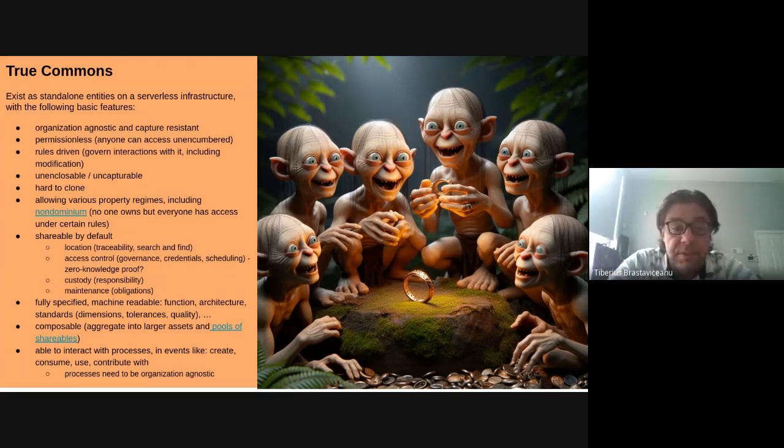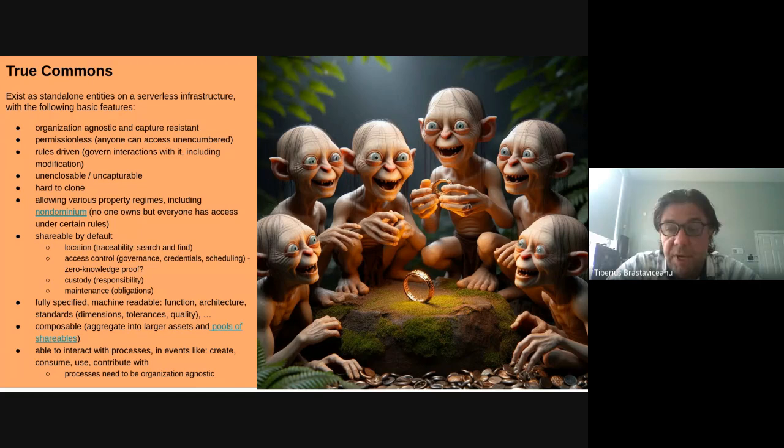Okay, so let me go through these fast, and stop me or ask questions about any of these points. First of all, that asset has to be represented on the internet, in the digital space, as organization agnostic, and it has to be capture resistant.